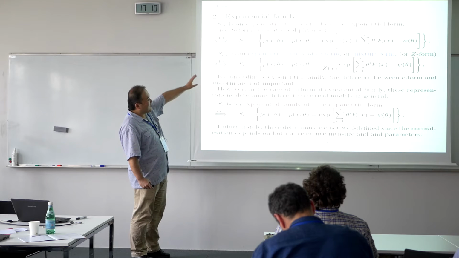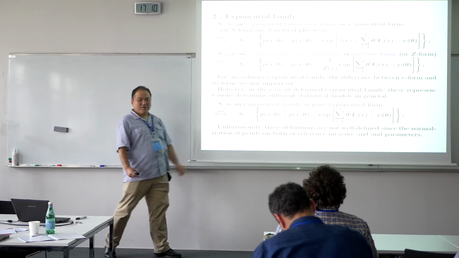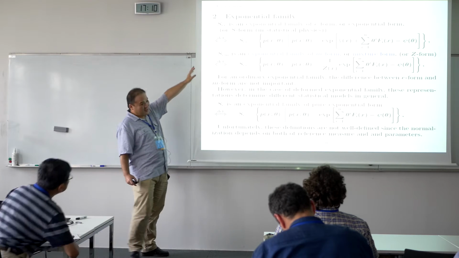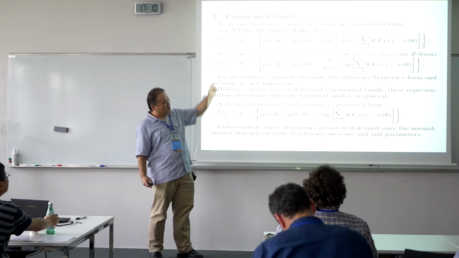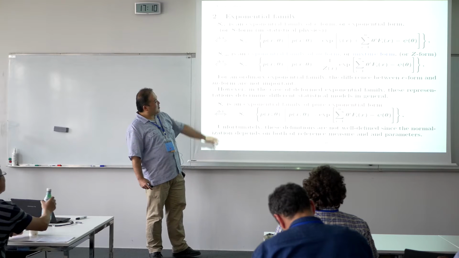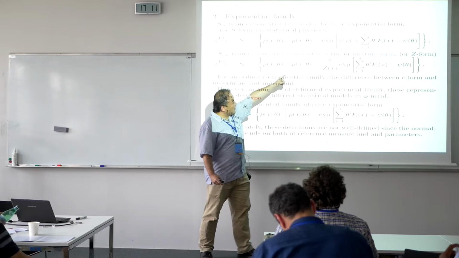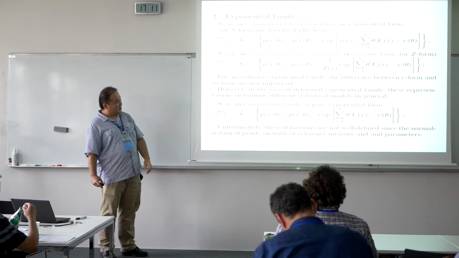But for exponential families, we can write many kinds of forms. We say that S sub E is an exponential family of E form, or exponential form, if all the arguments are put inside the exponential function like this.